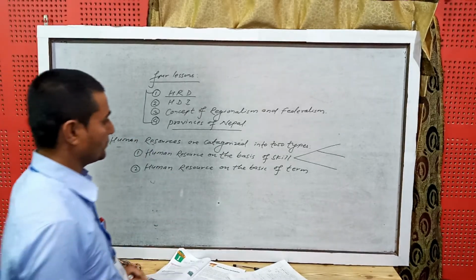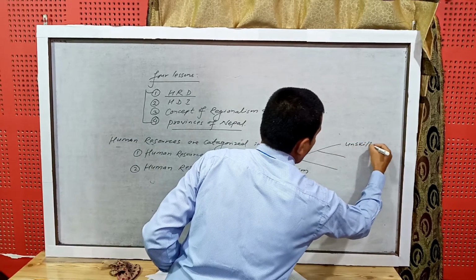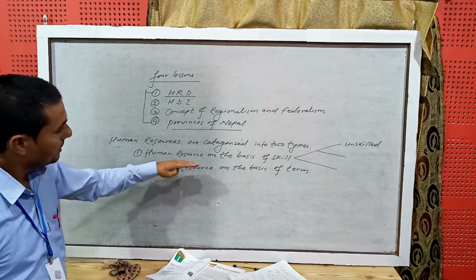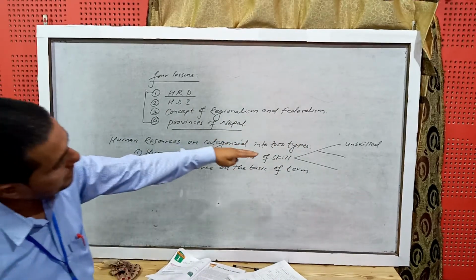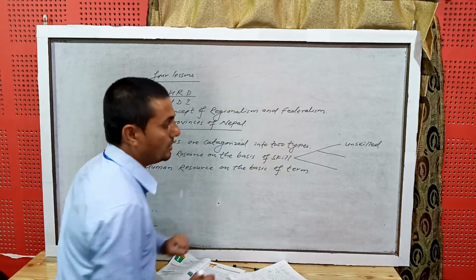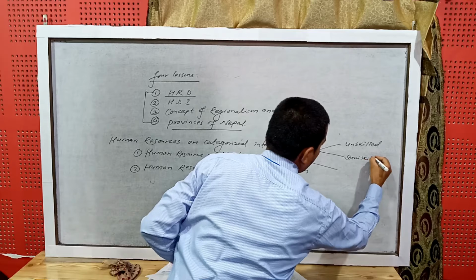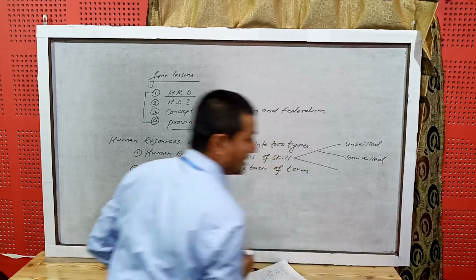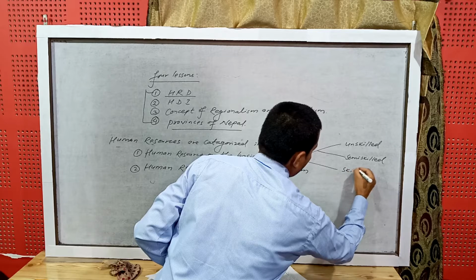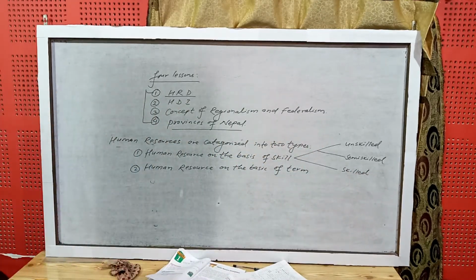Number one, unskilled human resource, semi-skilled human resource, and skilled human resource.